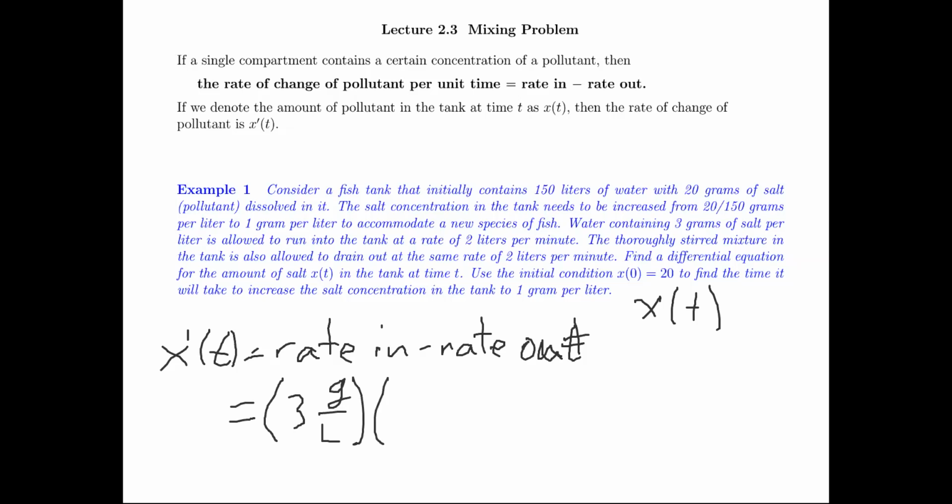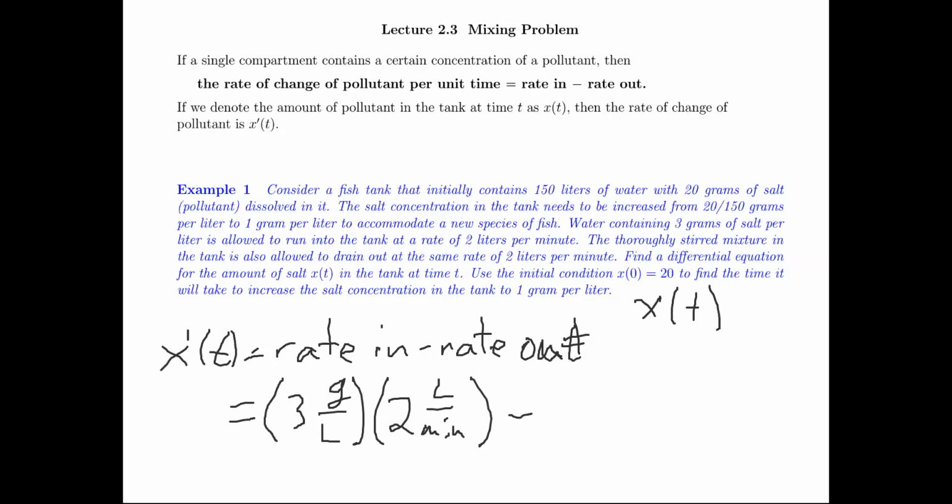The rate of the water in is 2 liters per minute. By the way, where did we see that? 3 grams per liter is here, and 2 liters per minute is allowed to run into the tank at a rate of 2 liters per minute.